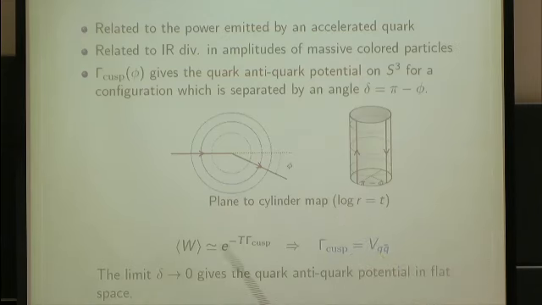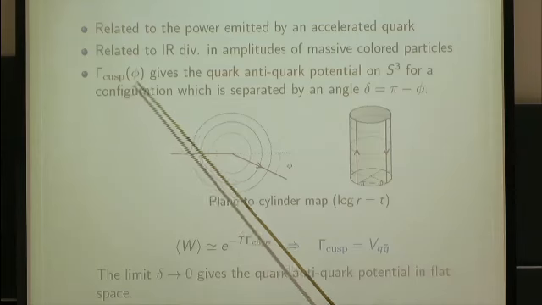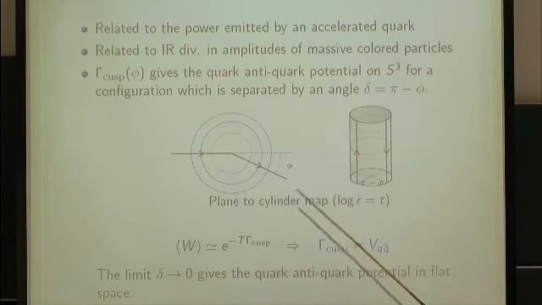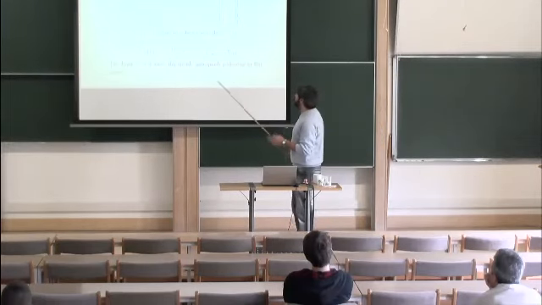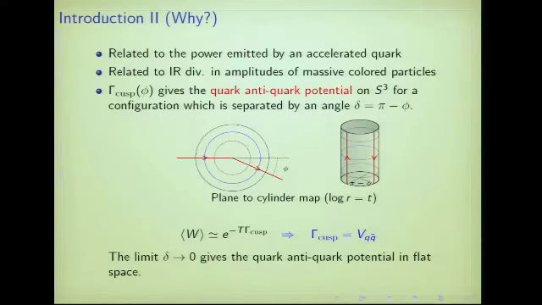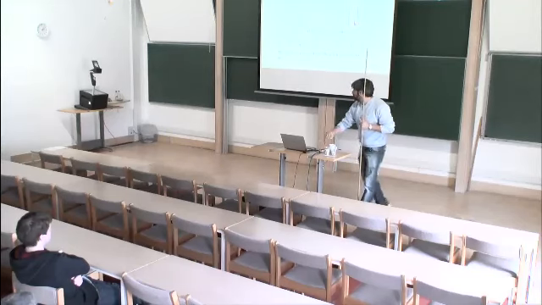But maybe the most important, or at least what I think is the most interesting motivation, is that this cusp anomalous dimension is precisely the quark anti-quark potential for the theory defined on the 3-sphere. Typically the potential between two charged particles is computed by considering a Wilson loop in a very elongated rectangle.